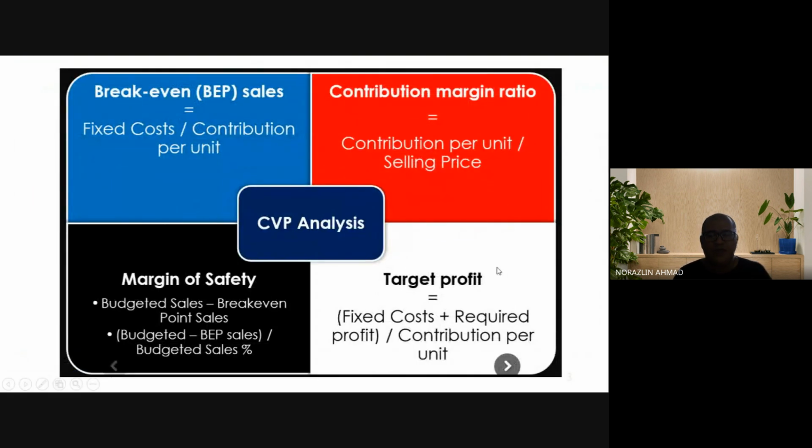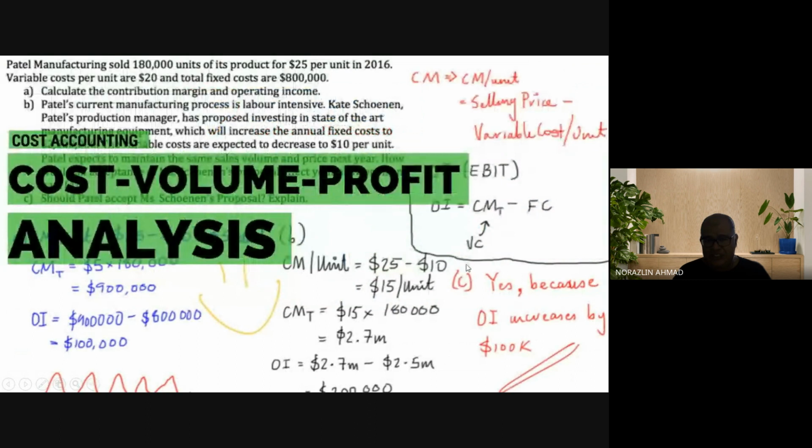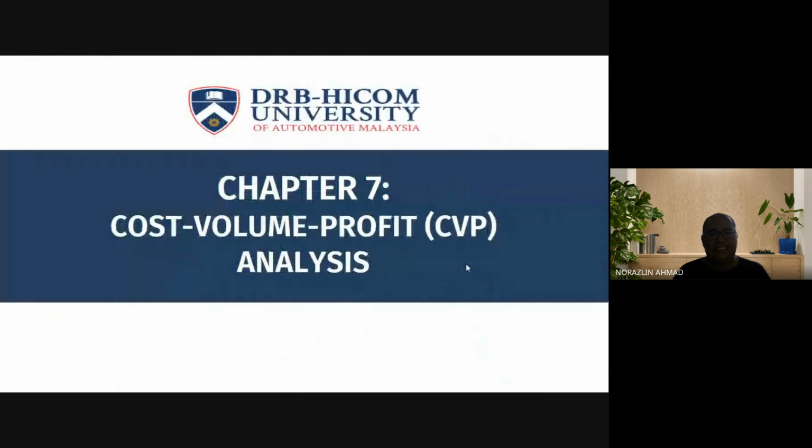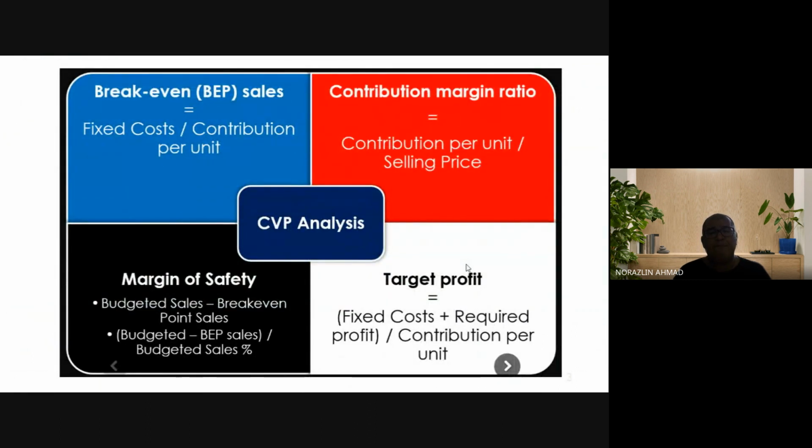I give you this slide presentation, cost, volume, profit analysis, to all of you to read for the final exam. We have some formulas here: break-even point on sales is fixed cost divided by contribution margin per unit. To get the contribution margin ratio, we have contribution per unit divided by selling price.